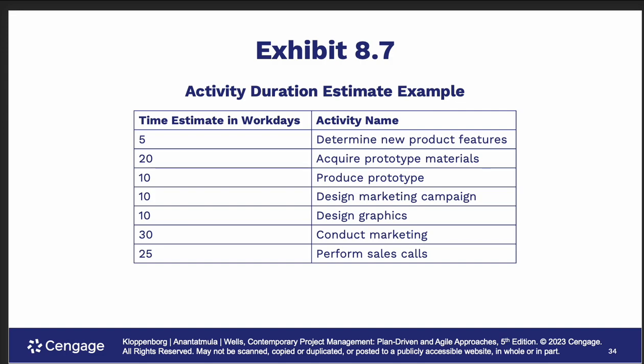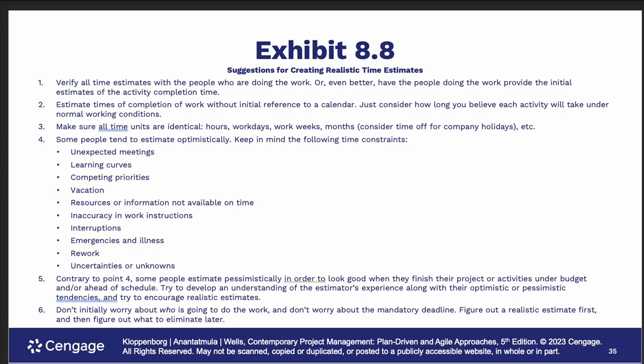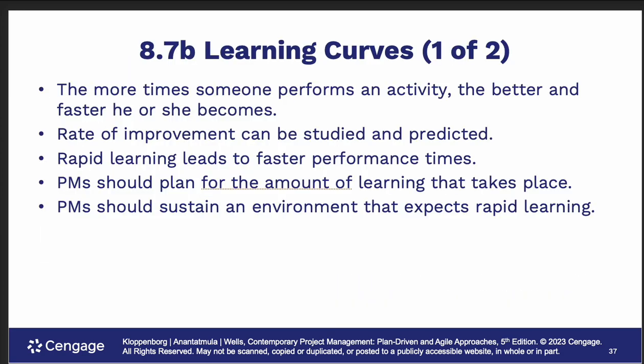So estimates in days. Estimates are hard. How long is it going to take? And the more accuracy you can have to this, and this is where learning curves matter so much. Different exhibits. So learning curves. Let's say you buy a bookshelf and there's lumber and a bunch of fasteners in a bag and directions that are maybe in English, but maybe just pictures, and they're not really that clear.